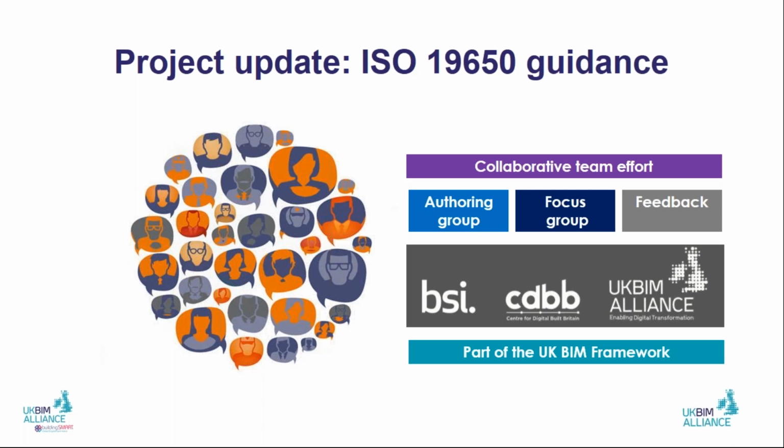So guidance to date has been developed to support the transition from the 1192 series to ISO 19650. And we've got guidance for ISO 19650 Part 1 and guidance for ISO 19650 Part 2. When you look at the UK BIM framework website, you'll also see that there's guidance associated with BS 8536, which covers soft landing. All the guidance is available through that website.